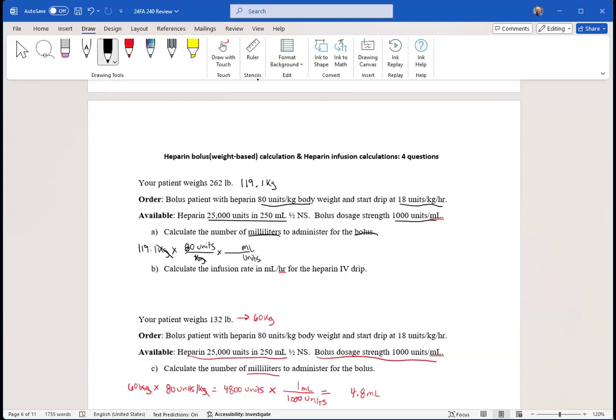Since we're calculating the bolus, we want to use the bolus dose strength, which is 1,000 units per milliliter. So I'm going to take that 119.1 times 80, and then divide by 1,000. I'm going to get 9.528, but we're just going to round that to 9.5 milliliters.